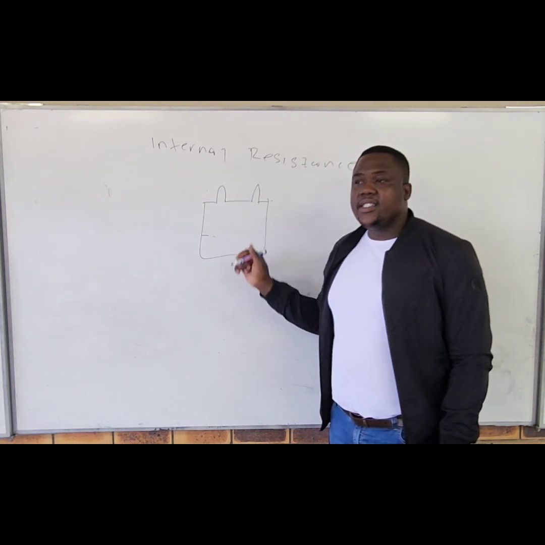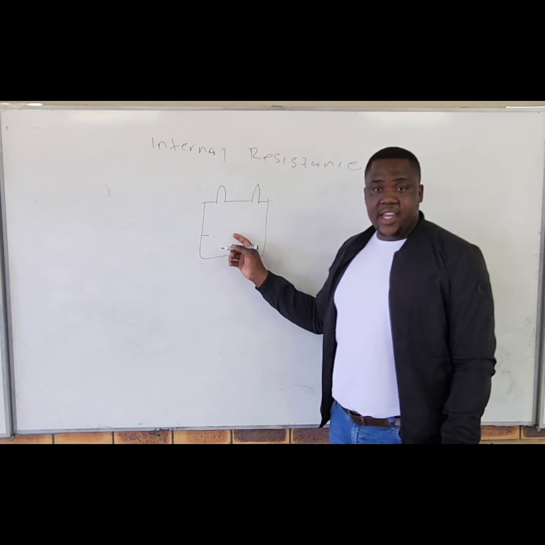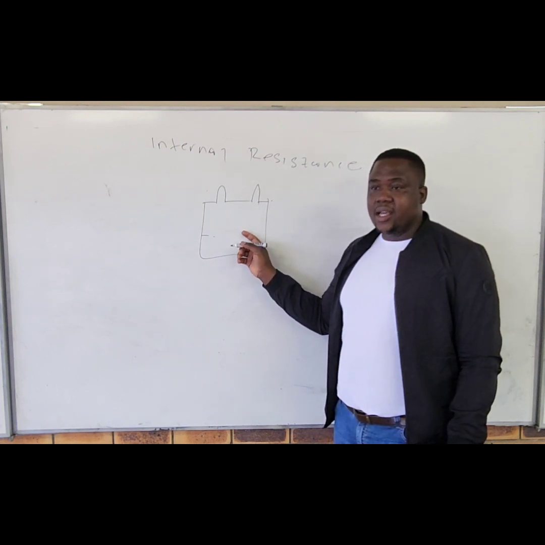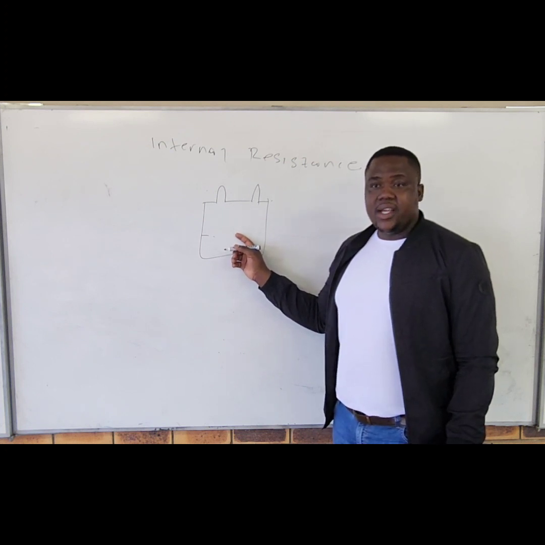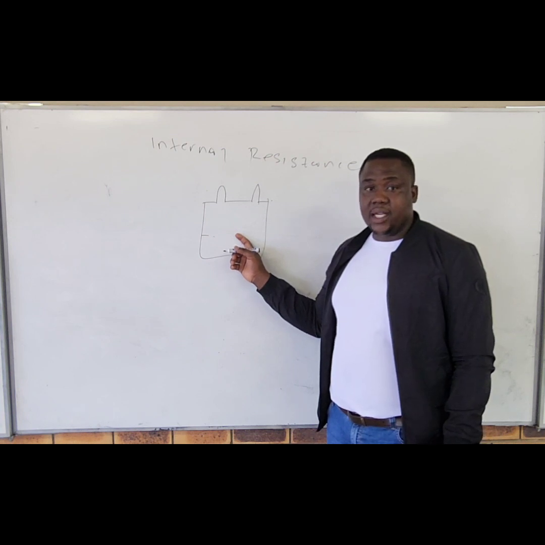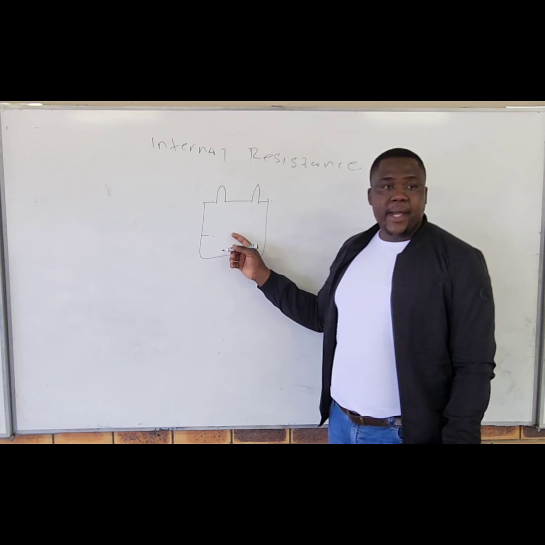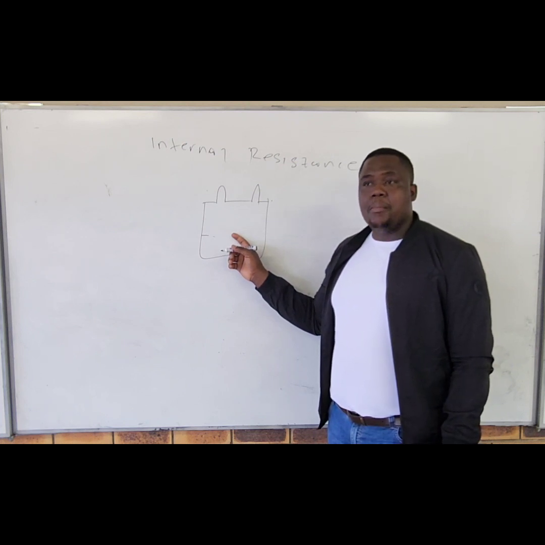This internal resistance will cause some of the energy in the battery to be converted to heat. That's why when you use your battery, you will find that the battery gets warm. The battery becomes warm because of internal resistance.